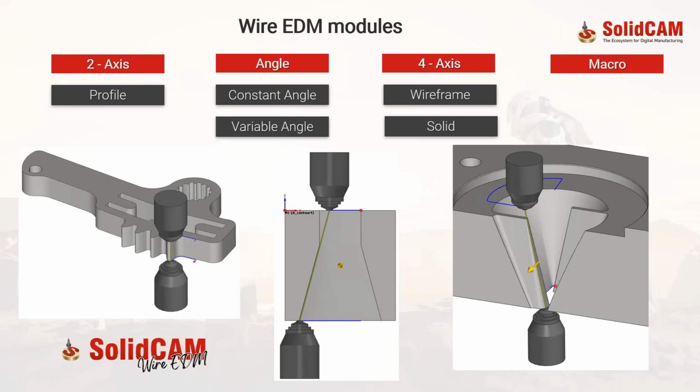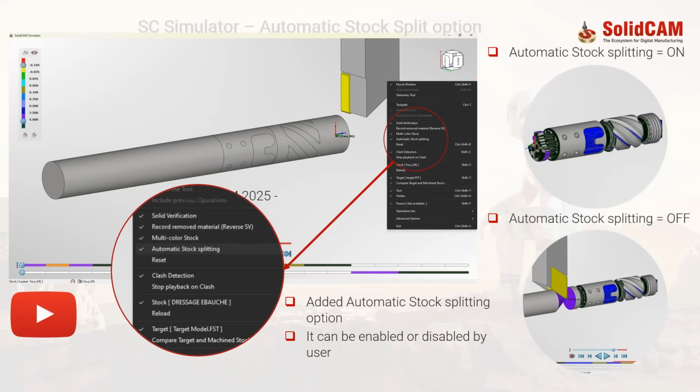Now, a couple of things in SolidCAM Simulator. We are never stopping developing this one. What we provide here is a new feature for automatic stock splitting, very important in mill-turn and also milling, depending on what kind of stock you have and what kind of application you are doing. So you have an option, which I believe is on by default, for when you're doing the cutoff. Pay attention to this picture here, this was the result if you were not using it.